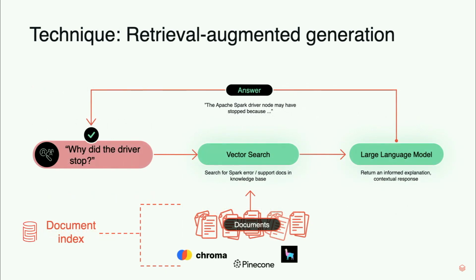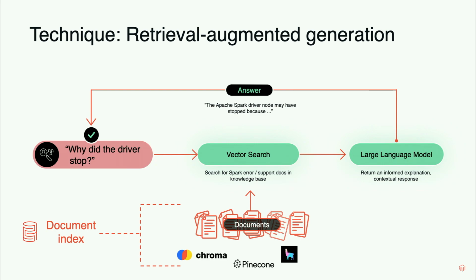So now that we understand our structure of data a little bit, let's take a look at solving that problem of context. We can consider that query from the previous slide, why did the driver stop? We're referring to Spark, but how can we change our query so that the large language model knows that? Rather than feeding the query directly into our model, we can first retrieve additional context, documents that are relevant.